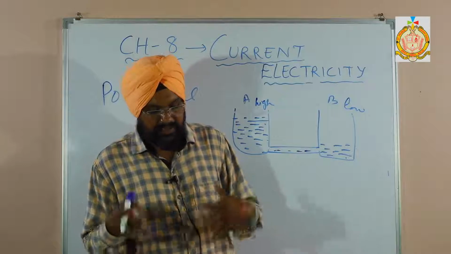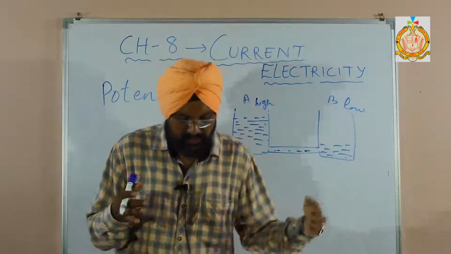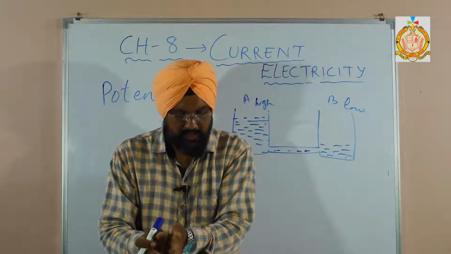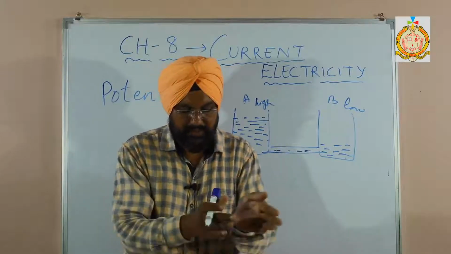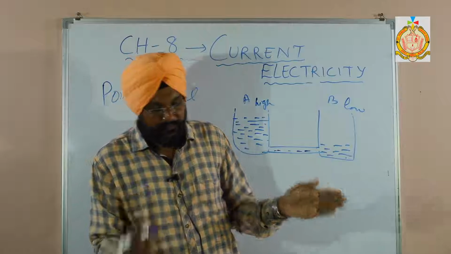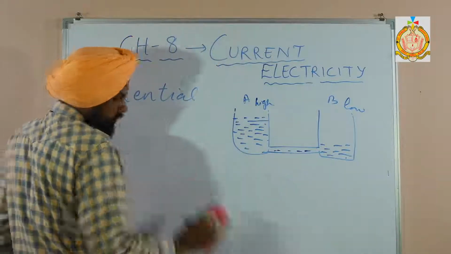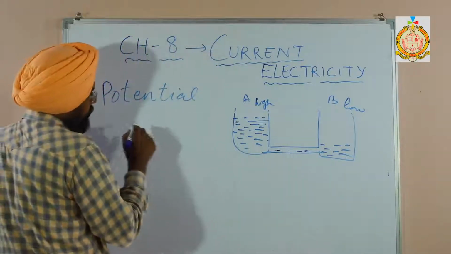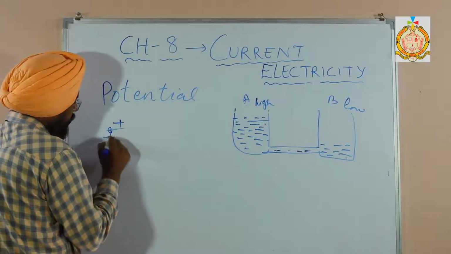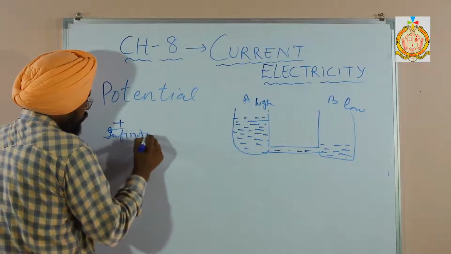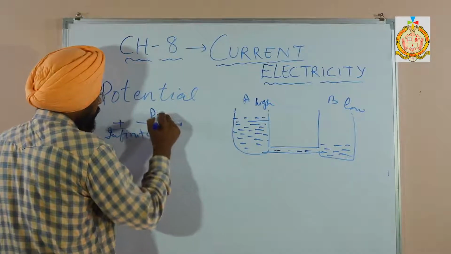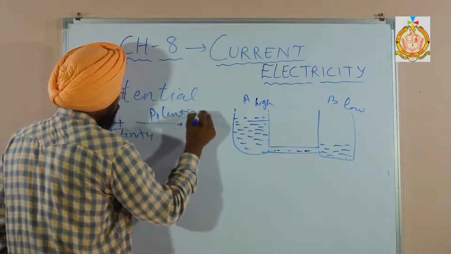While for a negative charge in the vicinity, the attractive force on the test charge due to the negative charge does work by itself. So the work done to bring the unit positive charge from infinity to that point is called potential.